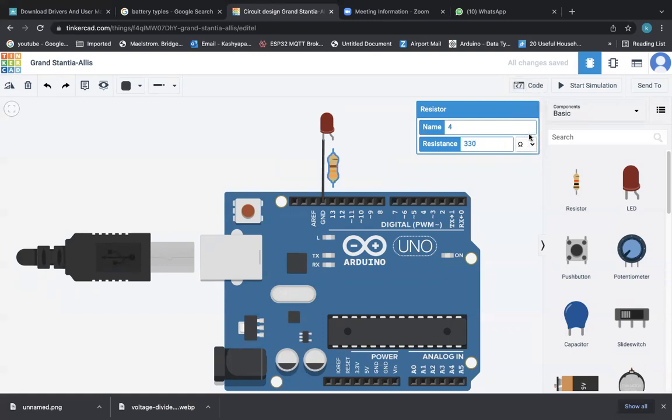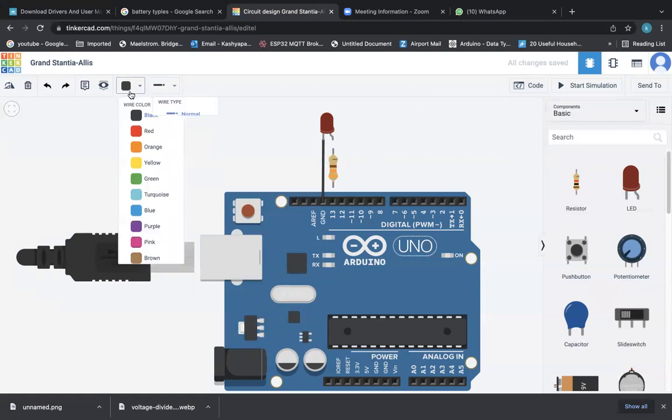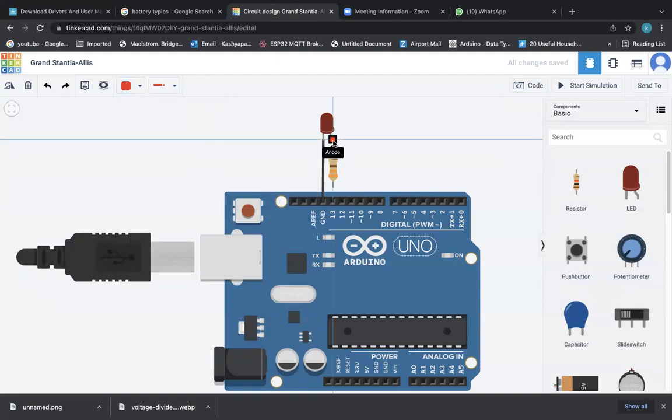Before, we used values like 1, 2, 3 ohms, but in real life we may have to use larger numbers. So now I use 330 ohms and connect this. Let's see what happens now.